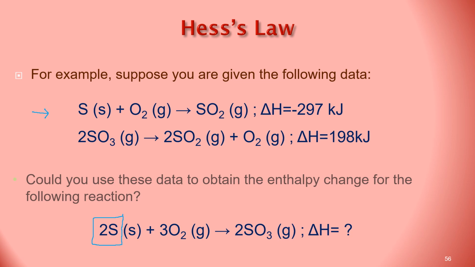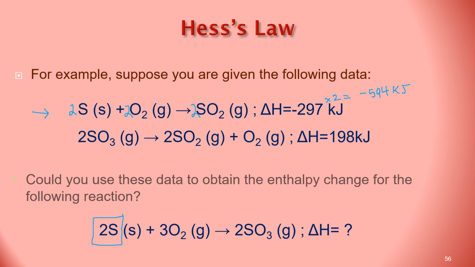However, there's only one of them, so I want to get 2. What do I do to this equation to get 2S? I have to multiply it by 2. If I multiply this by 2, I have to multiply each thing by 2. And if I multiply everything by 2, what happens to delta H? I also have to multiply it by 2, so that would be negative 594 kilojoules.